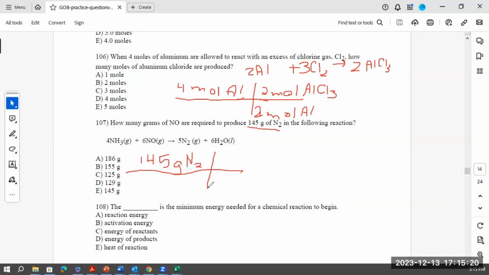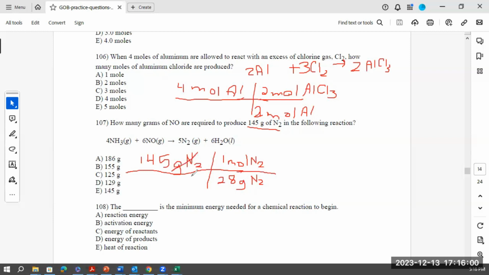Okay, so the molar mass of nitrogen. We know nitrogen weighs about 14, and there's 2 of them, so it's a total of 28. So it's 28 grams per 1 mole. We get that from the mass of each of the nitrogens, so that's N2 for 1 mole. Okay, so then that gives me my moles of nitrogen gas, right?